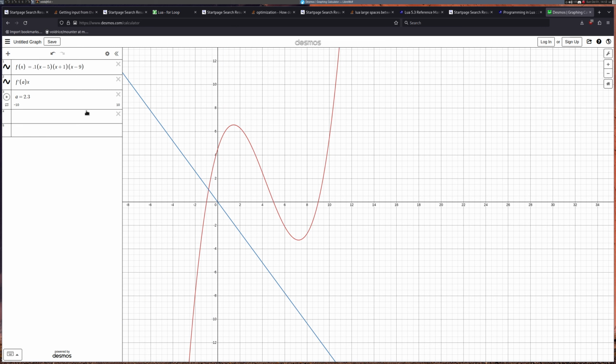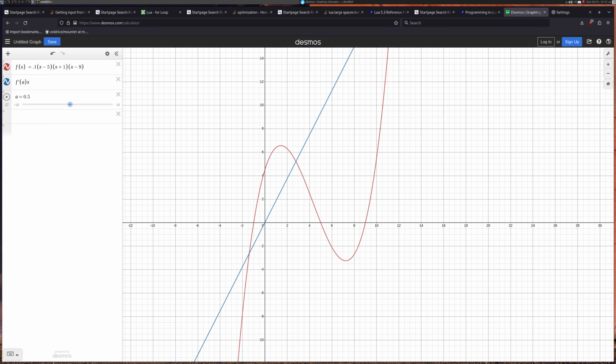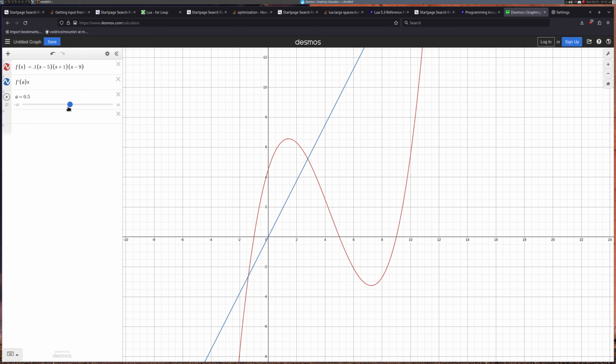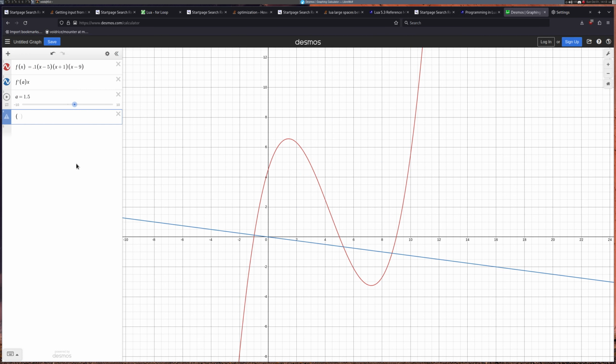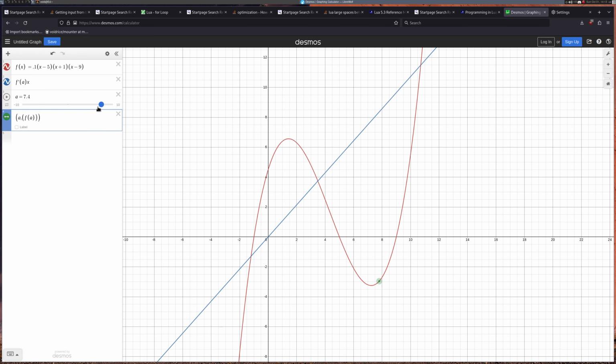Hold on, I may need to fix my themes. Alright, fixed. So you have A, and then you have f of A. That is going to be the slope at that point.